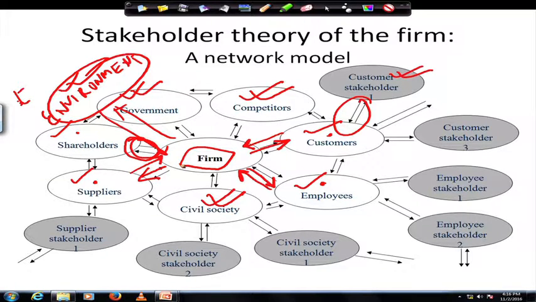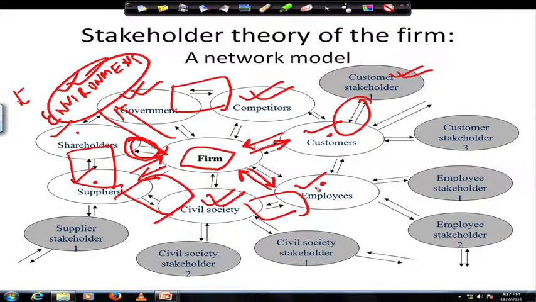And we understand the interconnectivity between the different stakeholders. So here what you find, the competitors and governments are getting connected, the suppliers and the shareholders are getting connected, suppliers and civil society are getting connected, civil society and employees are getting connected, employees and customers are getting connected.